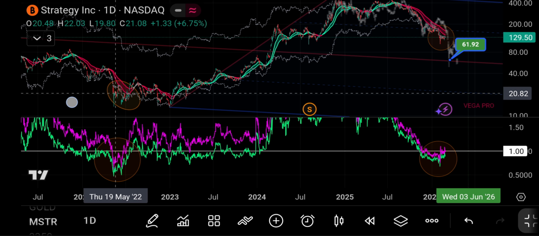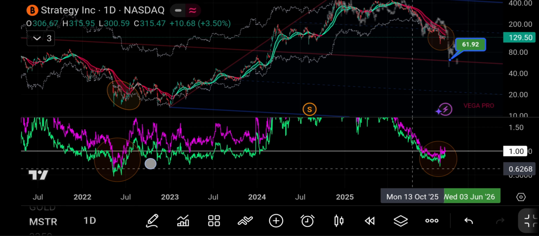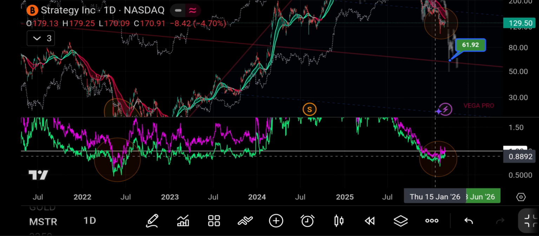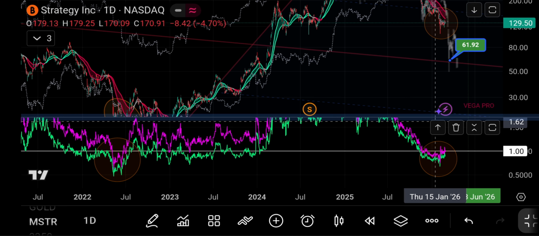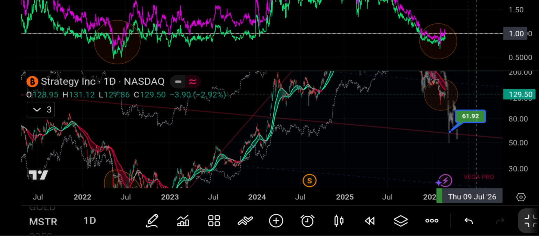Let's see the last cycle, where the bottom we reached was 0.56 M-NAV. This cycle, we haven't reached that number yet, but we are clearly going below 1 M-NAV. You can see it here.